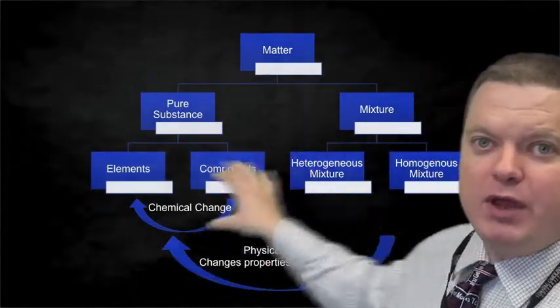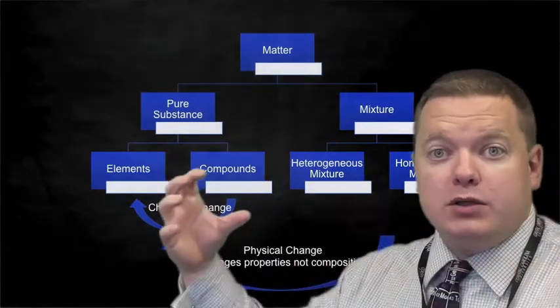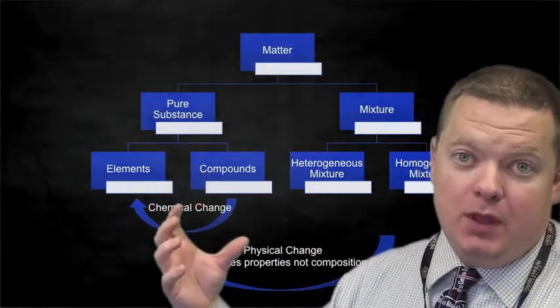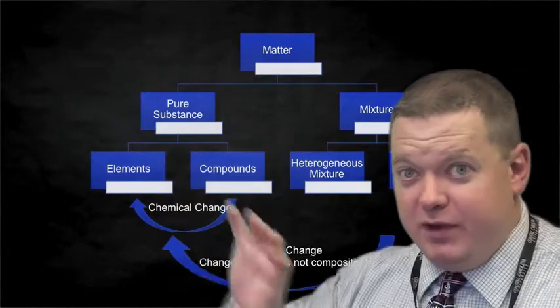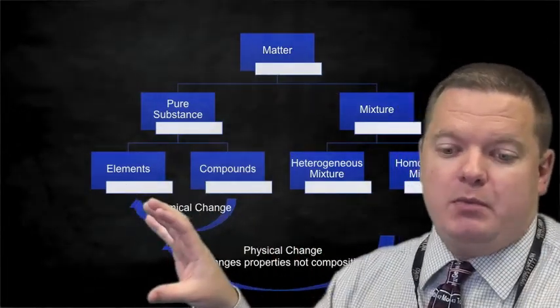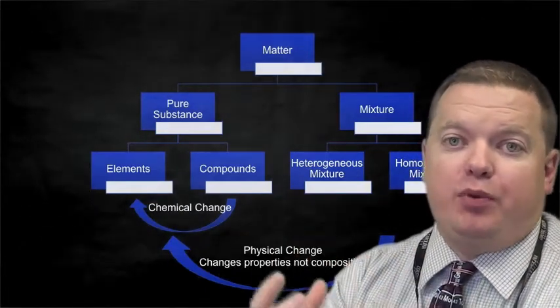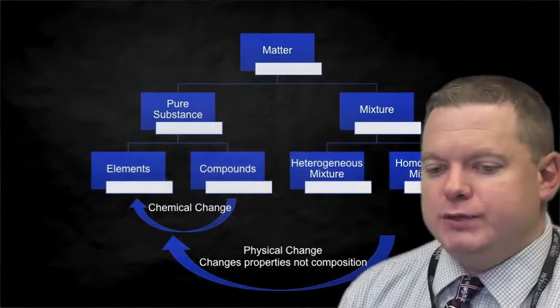Same thing when we go from these mixtures to these pure substances. We can pull apart those two types of ice cream to make vanilla versus chocolate. We haven't changed them, we've just separated them. So with these physical changes, we're just changing the physical property, not necessarily the composition.